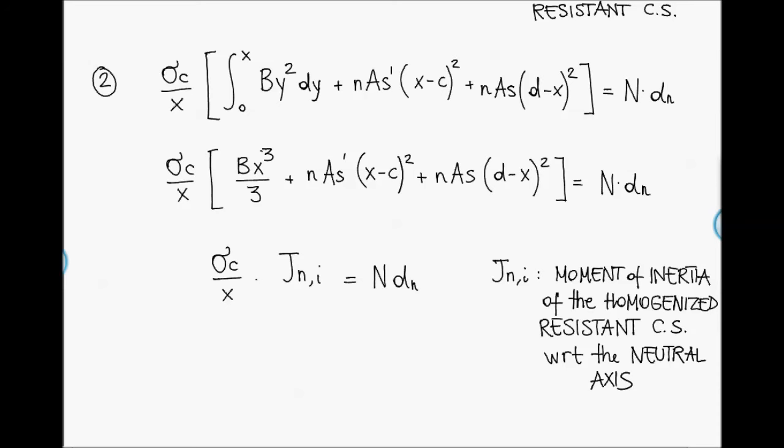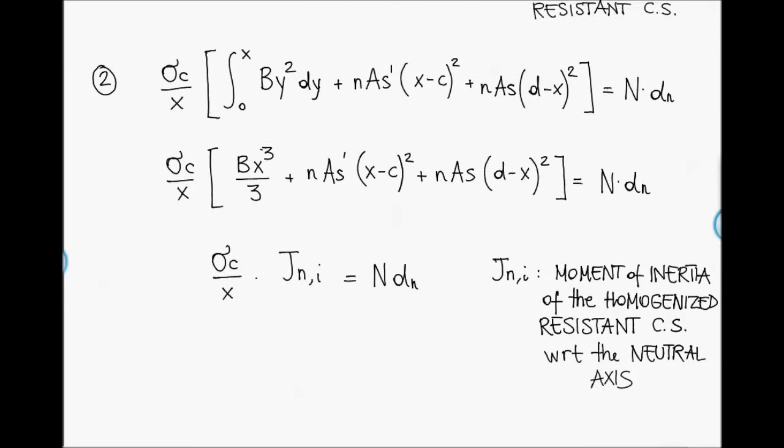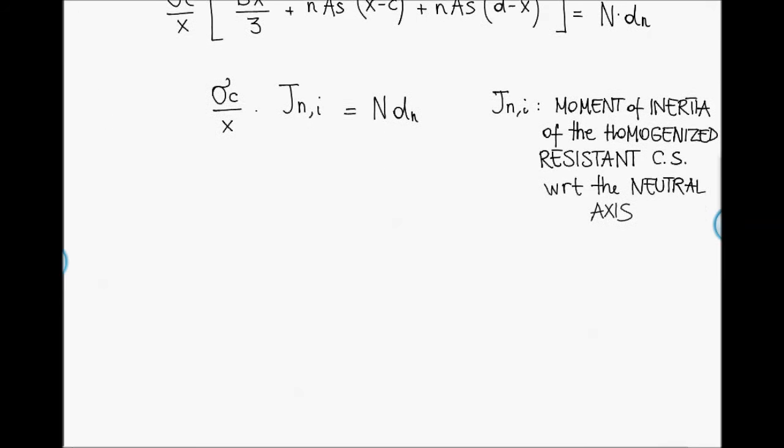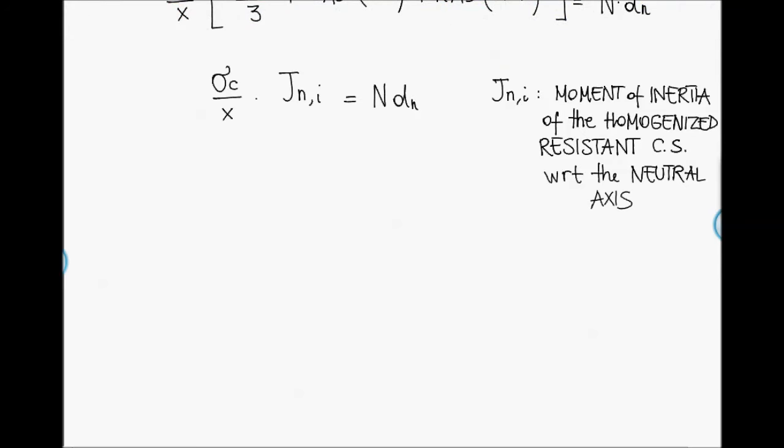So the unknowns of these two equations are sigma c and x.